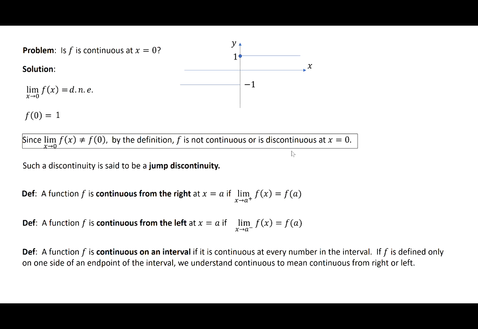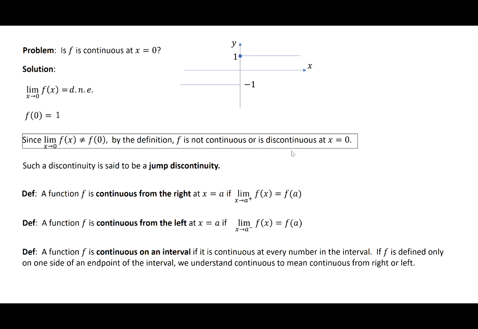Interval means a whole set of points. First, they define it at a single point. They expect you to gain a thorough understanding of what happens at a single point. And then they say, if that is true for every point in the interval, then you can say that condition is true for the whole interval.